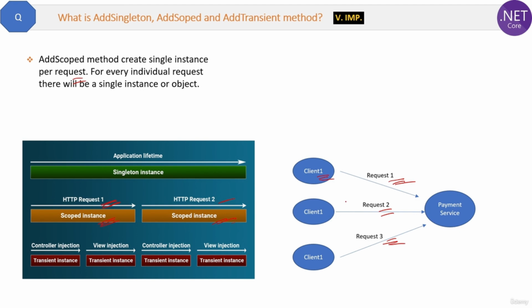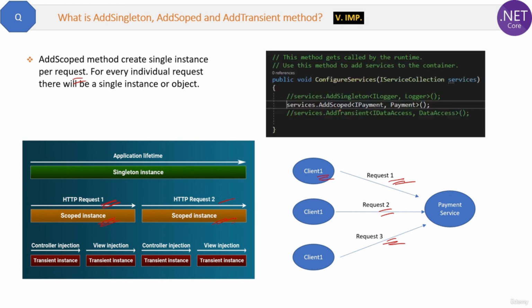For this, you will register the payment service with the help of the AddScoped method like this. It will make sure the payment object or instance will only be available in the same request and will not be shared. AddScoped is the most used method also. So if you are confused about which one to use in your application, then go for AddScoped.